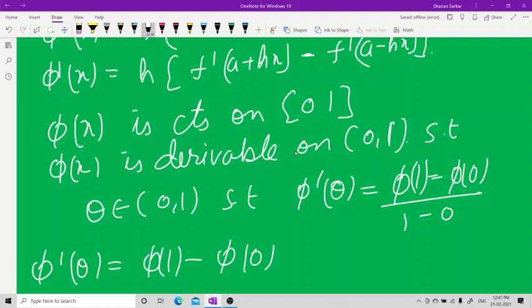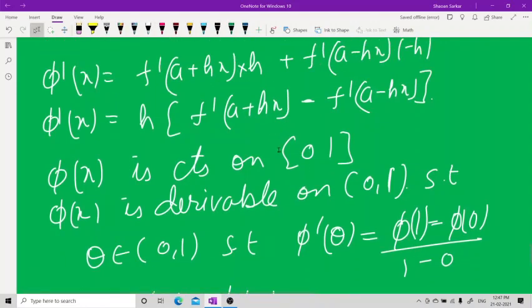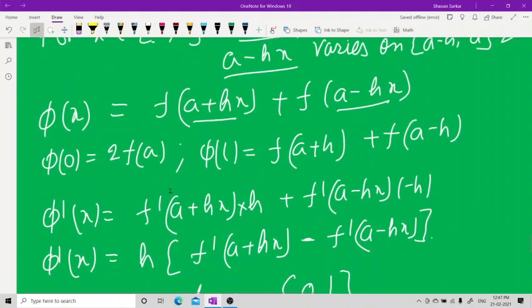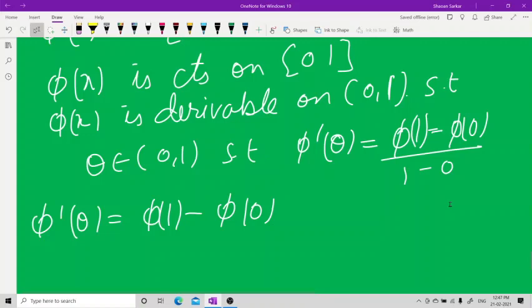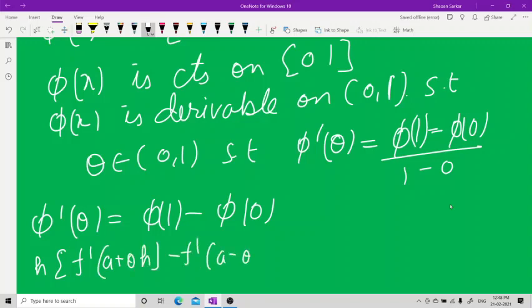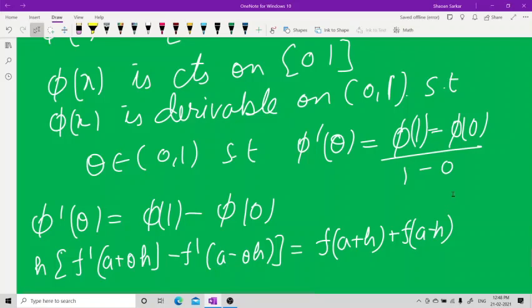Now phi of 1 you already know. Where is phi of 1? This is the phi of 1. And phi dash theta is h times [f dash(a + theta h) minus f dash(a - theta h)], and you have phi of 1 is f(a+h) plus f(a-h), and phi of 0 is how much?